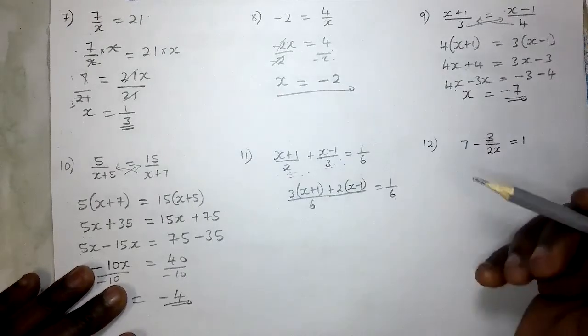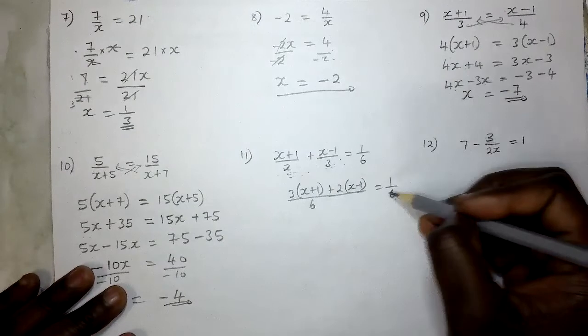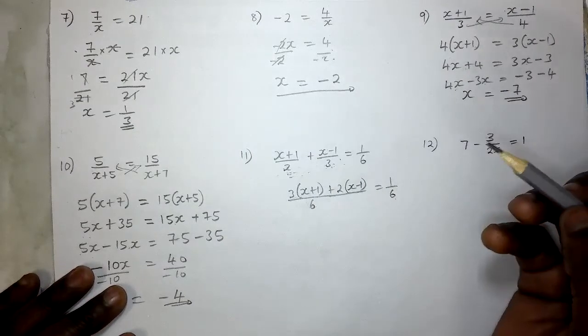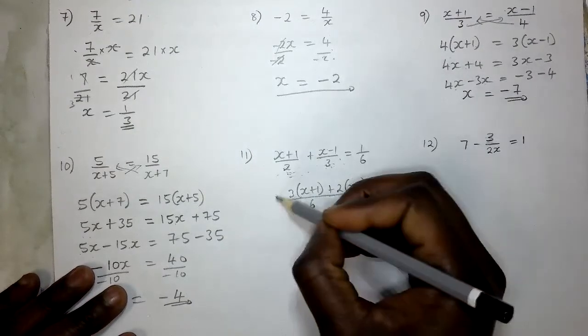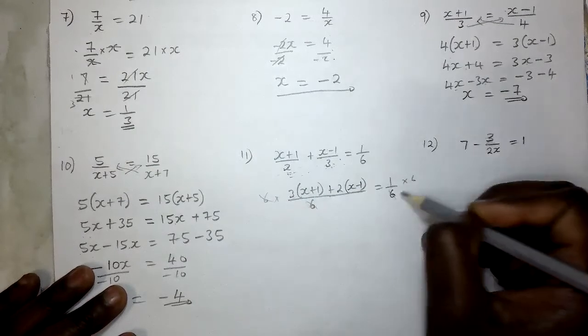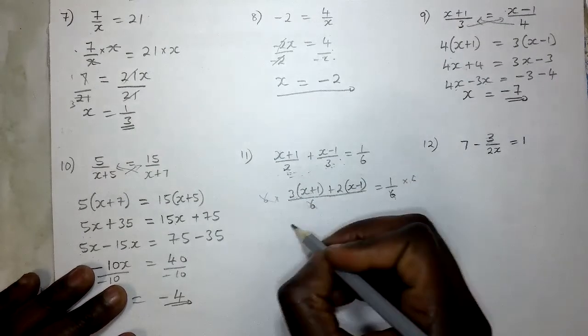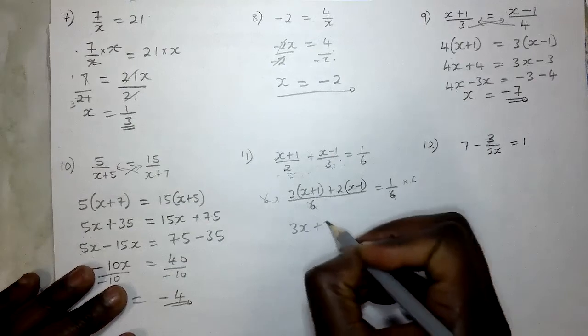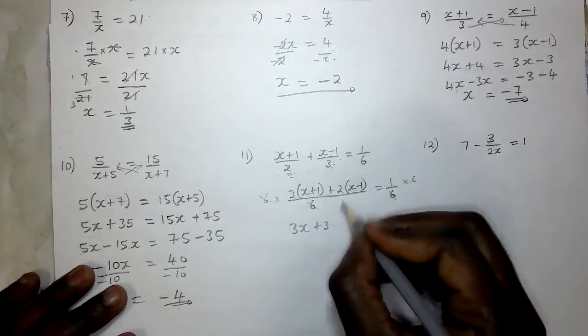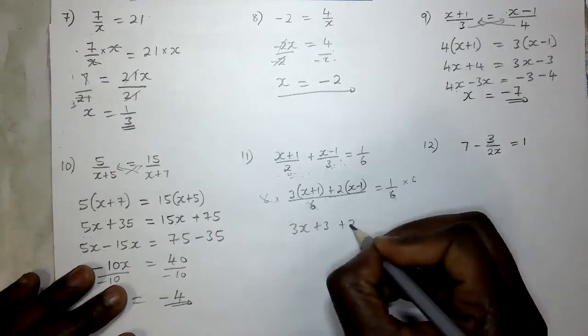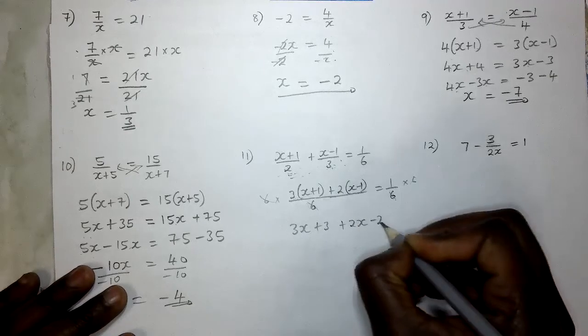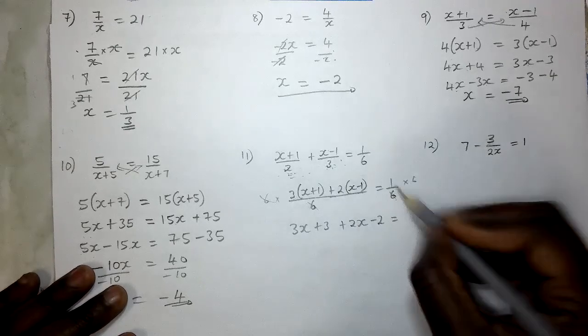So as you can see here, we can cross multiply with 6, and this 6 we can get rid of. So we multiply by 6 here, multiply by 6 here, this 6 goes. Okay, so we've got 3x plus 3 plus 2x minus 2 is equal to 1.